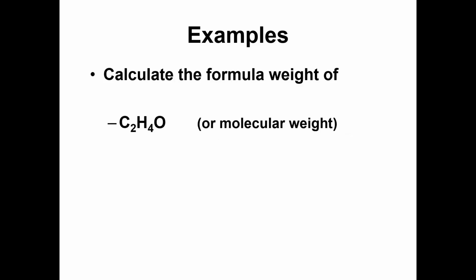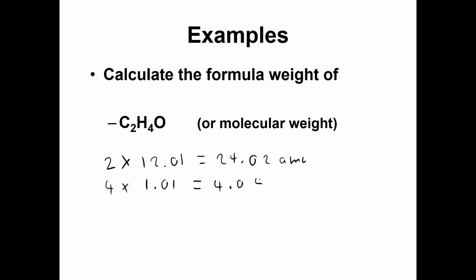All right? Let's do C2H4O. So carbon is 12.01. So we have 2 times 12.01, which is 24.02 AMU. We have 4 hydrogens, 4 times 1.01, which is equal to 4.04 AMU.